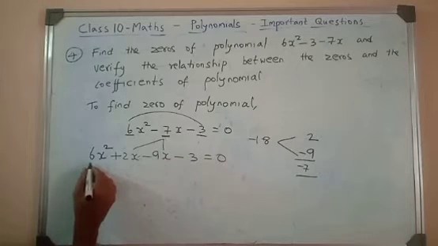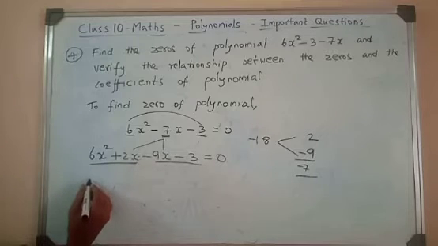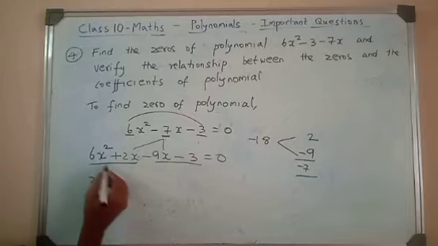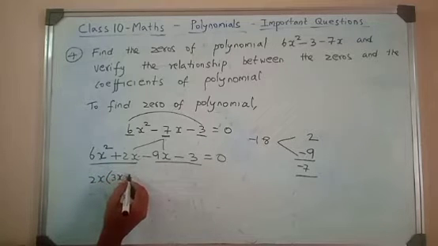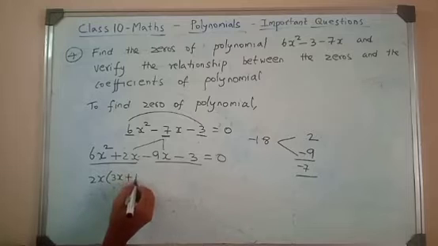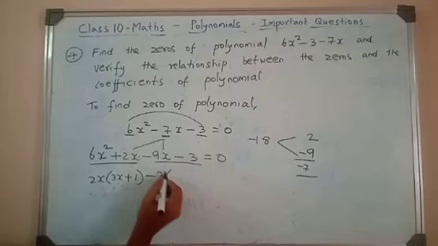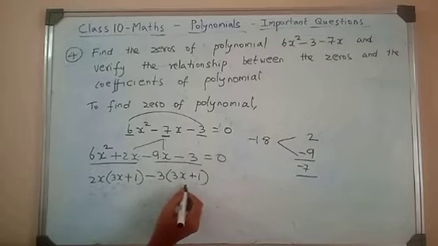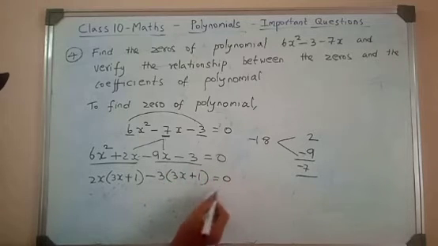Now we have to take the common term from the first 2 and the next 2. So here 2x is common, the remaining is 3x, and then 2x taken out, the remaining will be 1 only. So here minus 3 is common, the remaining is 3x plus 1. Minus 3 into 1 minus 3, so plus 1 will remain there, is equal to 0.